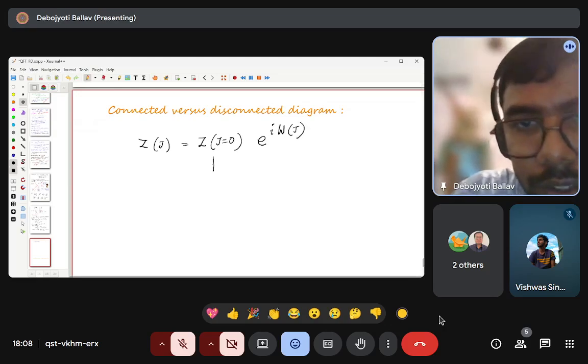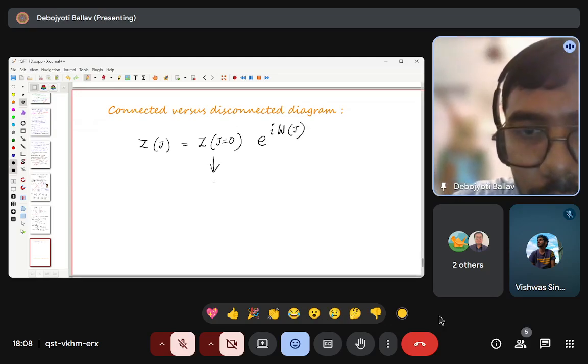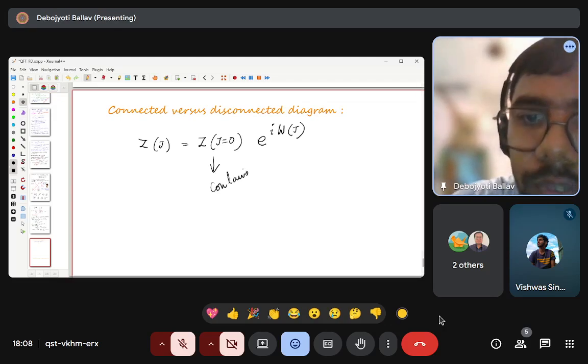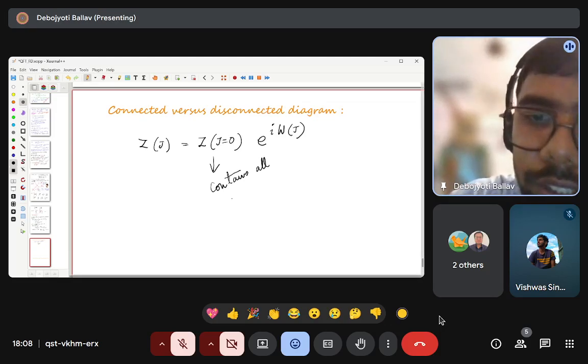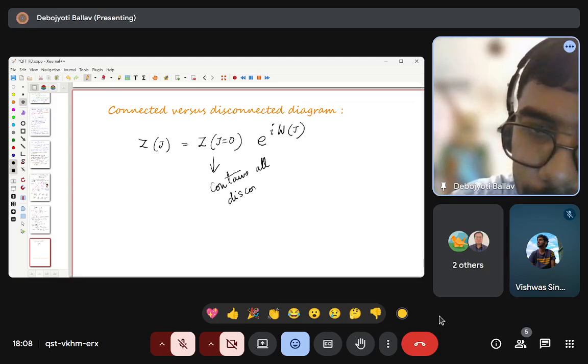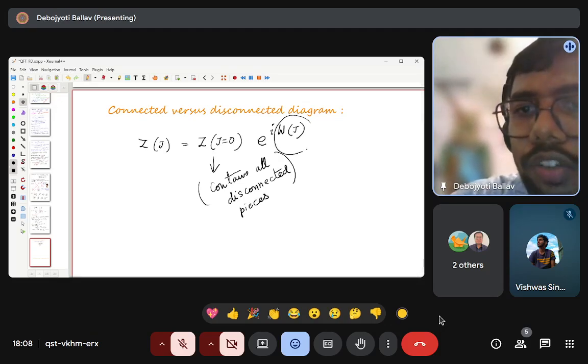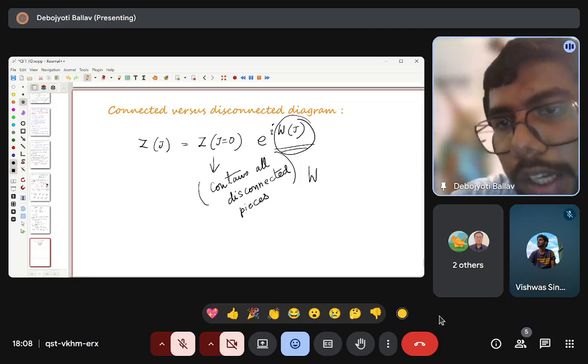Now this Z of 0 contains all disconnected pieces because they are independent of j. So what actually is relevant is W of j.